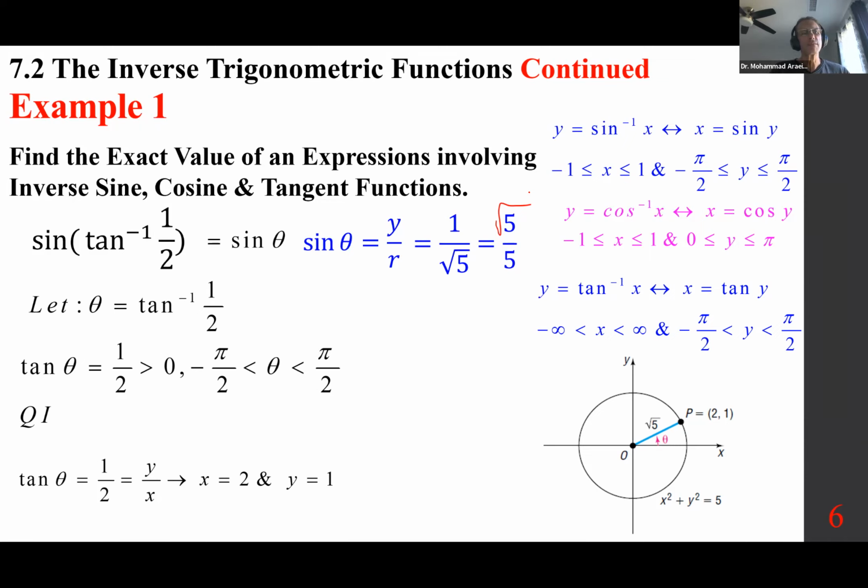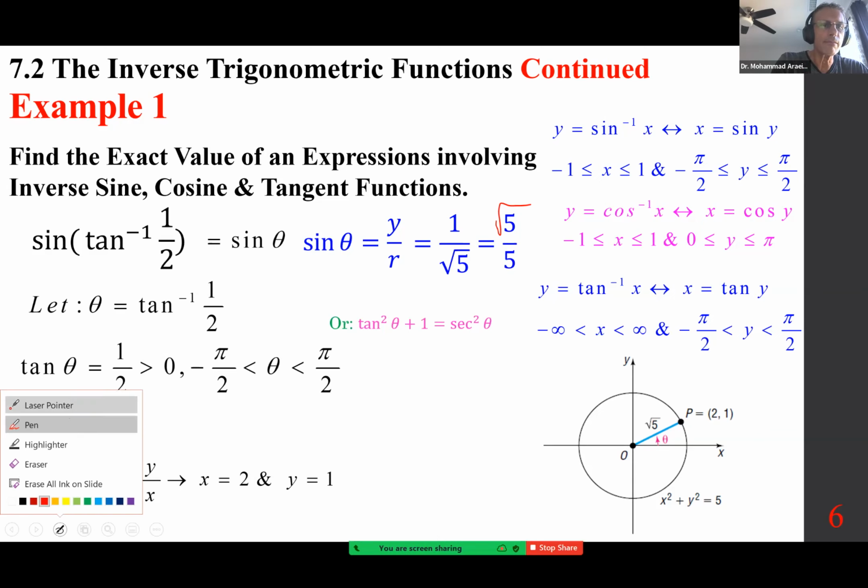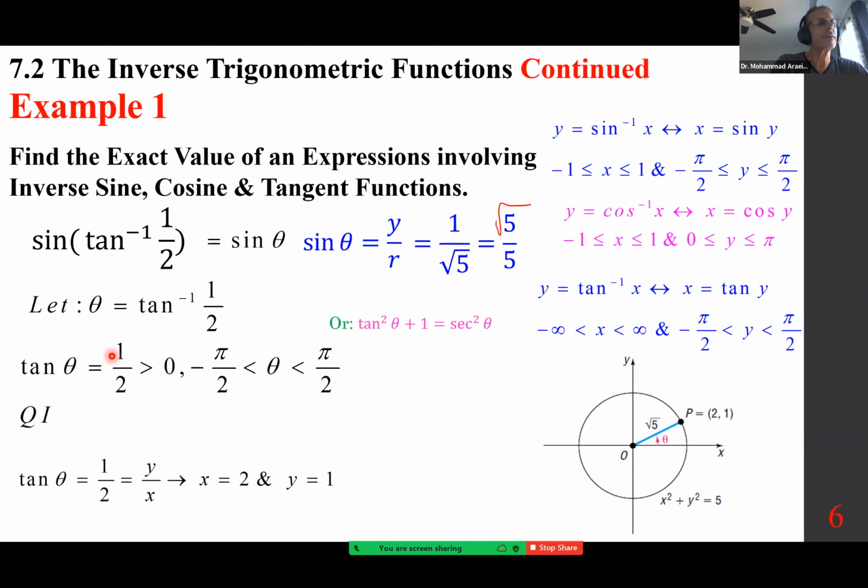And we're done. But we can also do this by identity, because you really have to know both. Using the relationship between tangent and sine, the Pythagorean identity says tan squared plus 1 is secant squared. That gives us secant and therefore cosine, and sine squared plus cosine squared is 1. In this case it's a little bit longer, but it's a quick process. Tan is 1/2, so plug it in.